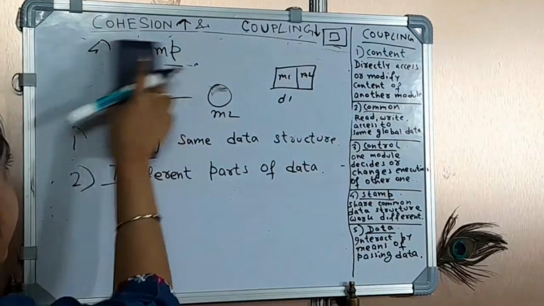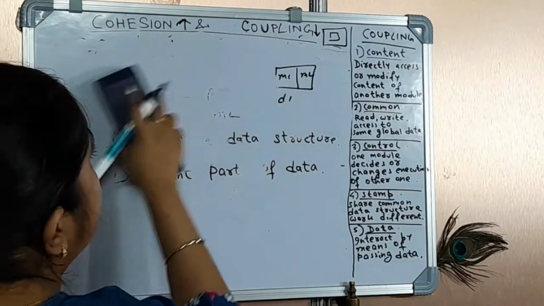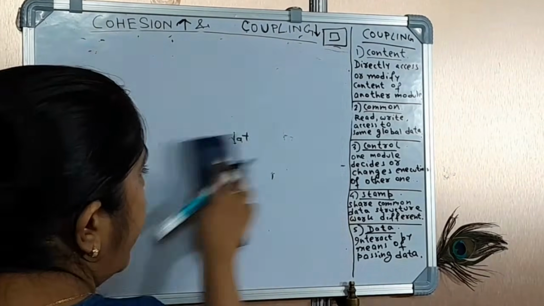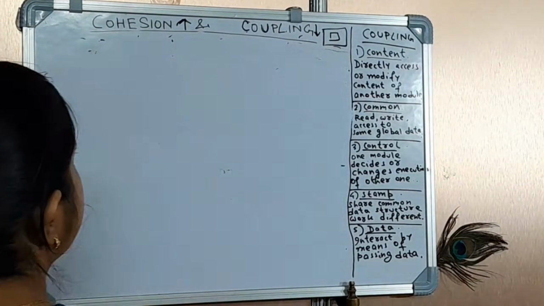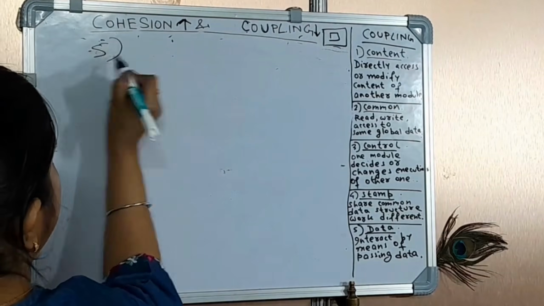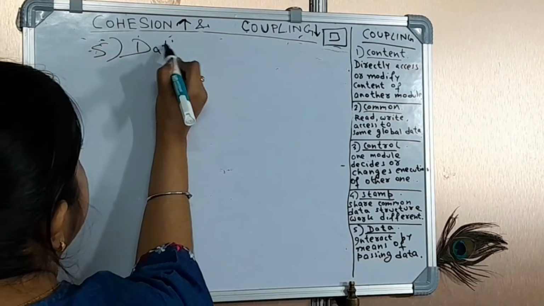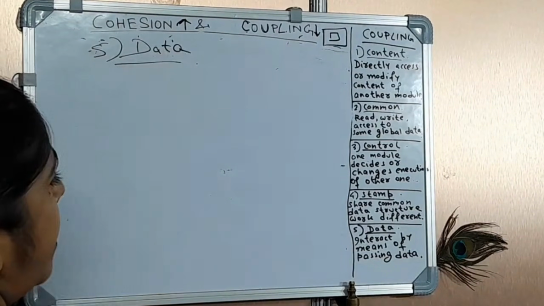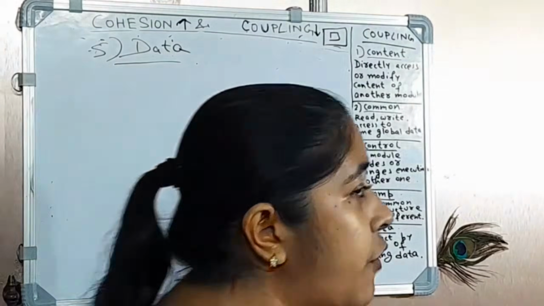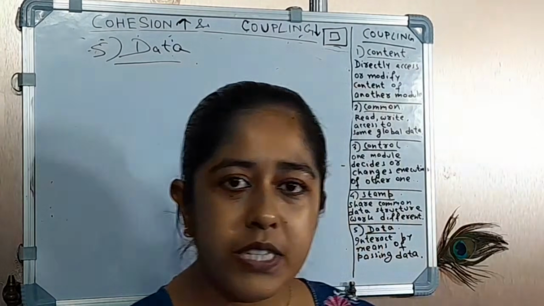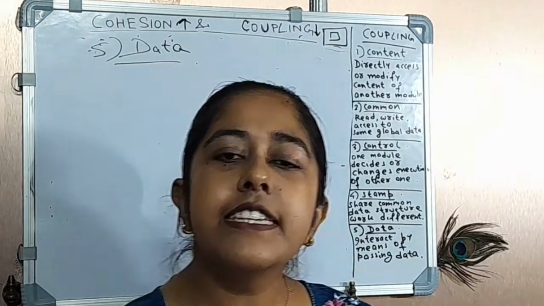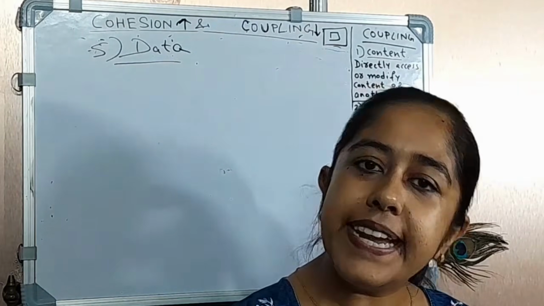Now the fifth one, that is data coupling. What is happening in data coupling? Here all the modules interact with each other on the basis of data.